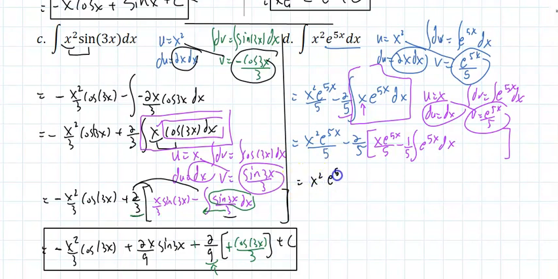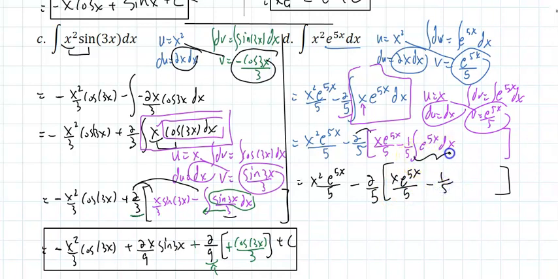x squared e to the 5x over 5 minus 2 over, or even better, I'll do it in 2 steps, unlike the previous problem, in case you didn't see that. 2/5 I leave alone. This parentheses is x e to the 5x over 5 minus 1/5. And what's this integral?